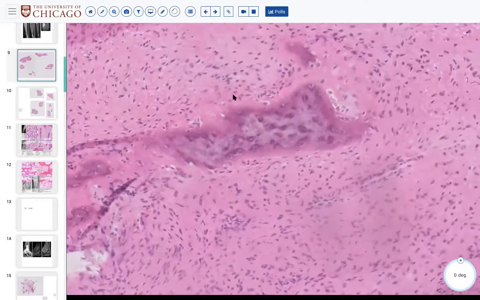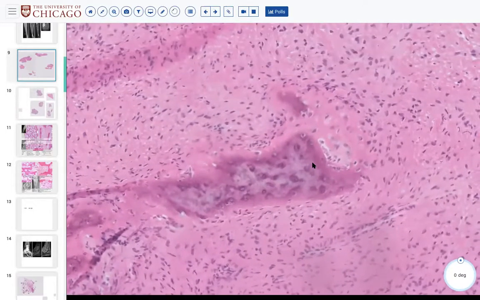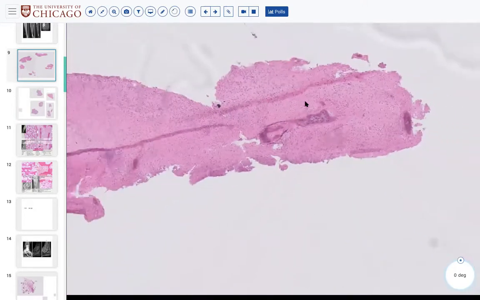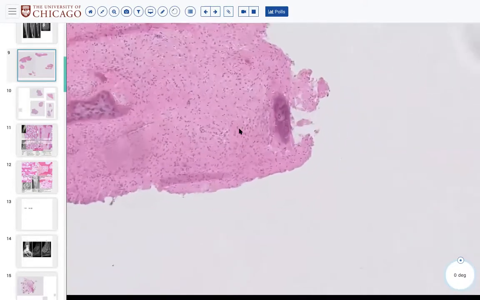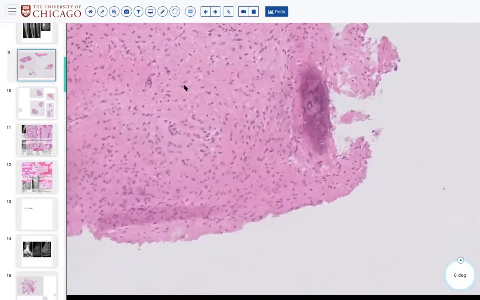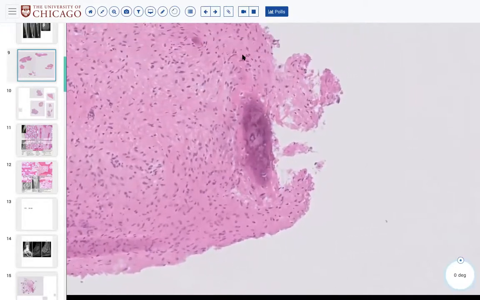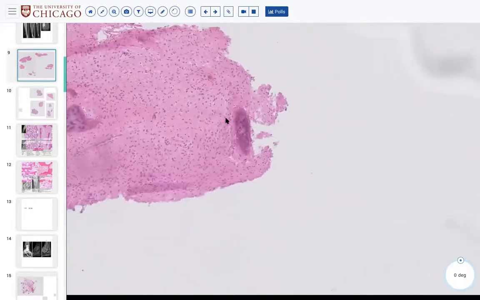Do you see osteoblast rimming? No, not really, not to the extent that we saw in the prior case. So in this case, monotonous sheets of spindle cells without significant atypia, with small cores of bone, without osteoblast rimming.